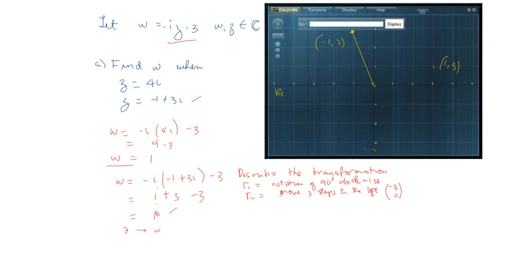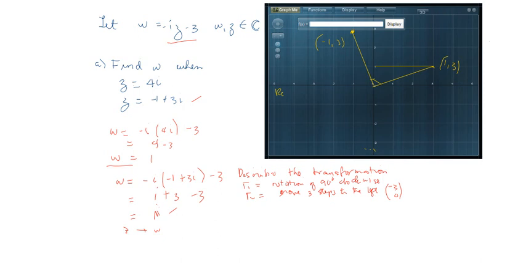So if you work on that, it has moved 90 degrees, and this is the 90 here. It also moved 3 steps from that point. 1, 2, 3.